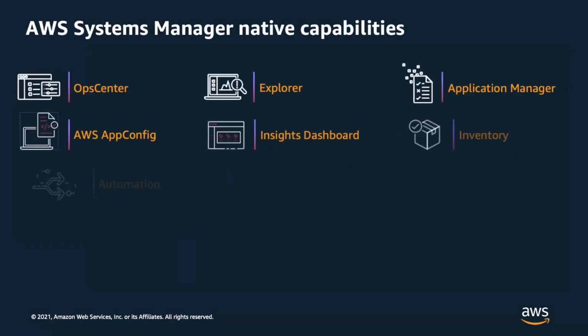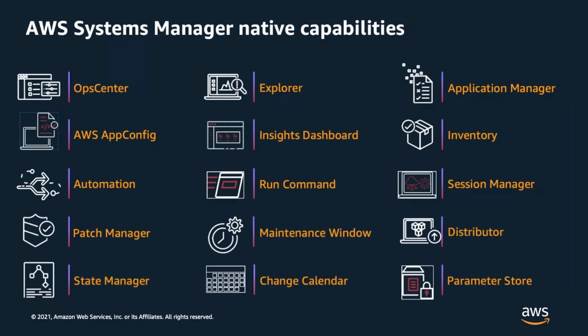With AWS Systems Manager, it provides many various capabilities, which we're shortly going to dive into, to help us manage our modern applications. For example, we can use automation to allow us to automate certain steps involved to handle and manage our application resources.